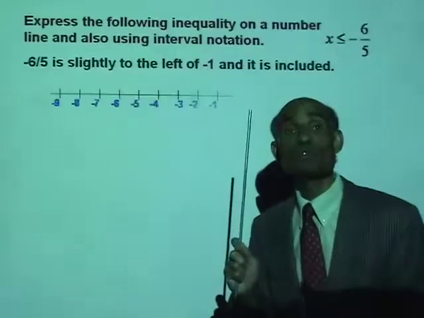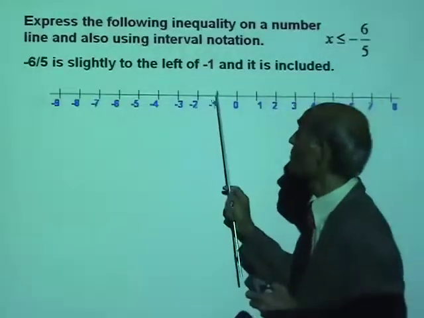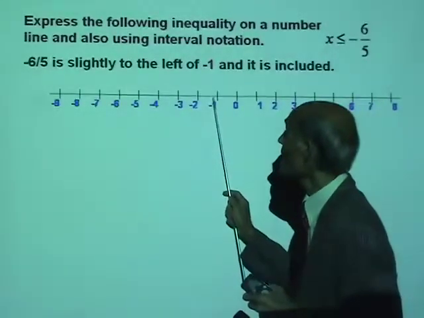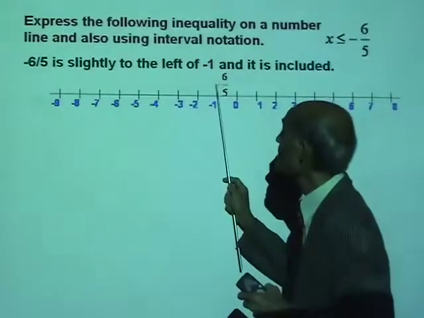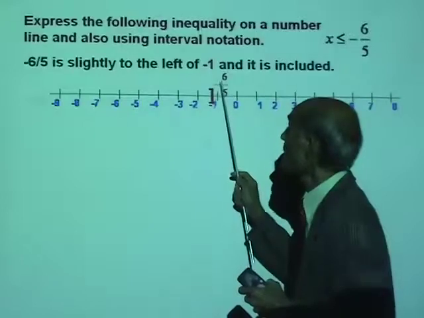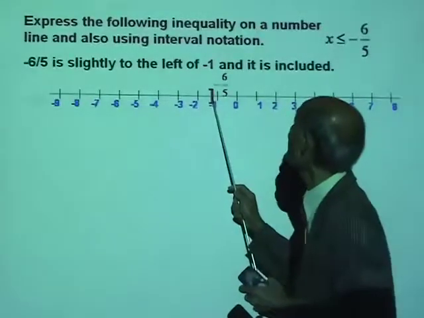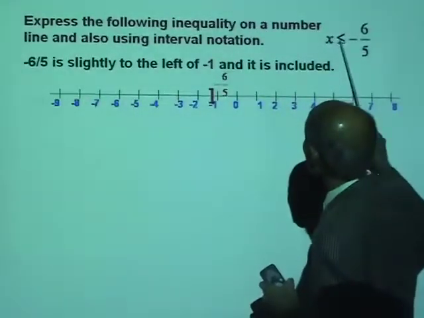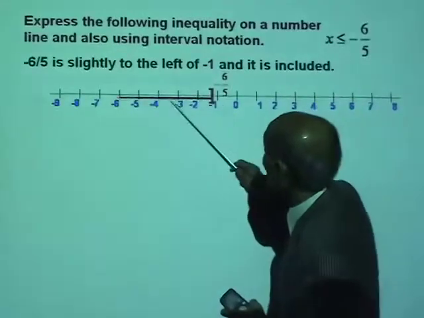So, you will use a square bracket there. Where will it be? It will be somewhere here. -6/5 is there. A square bracket at -6/5, and less than or equal to facing left, an arrow to the left.